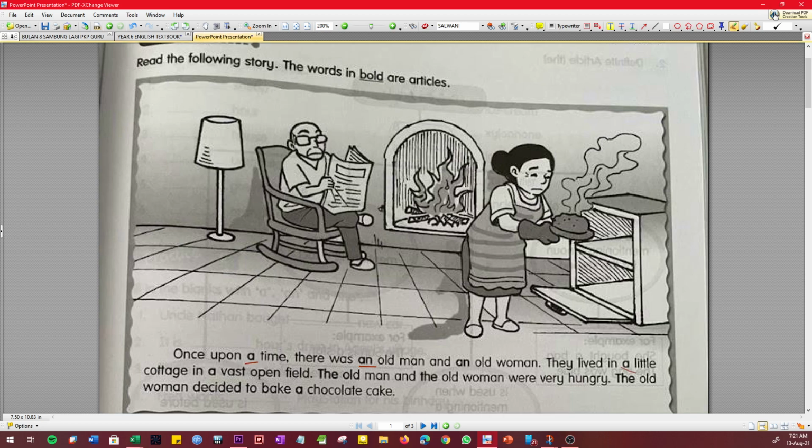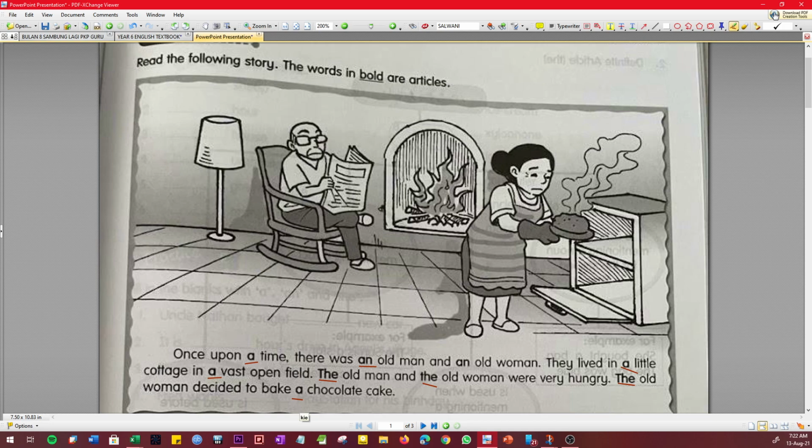If you notice, after the articles, we have nouns, kata nama.